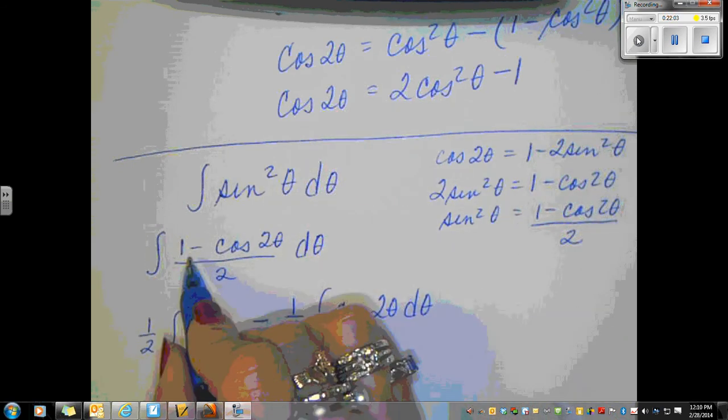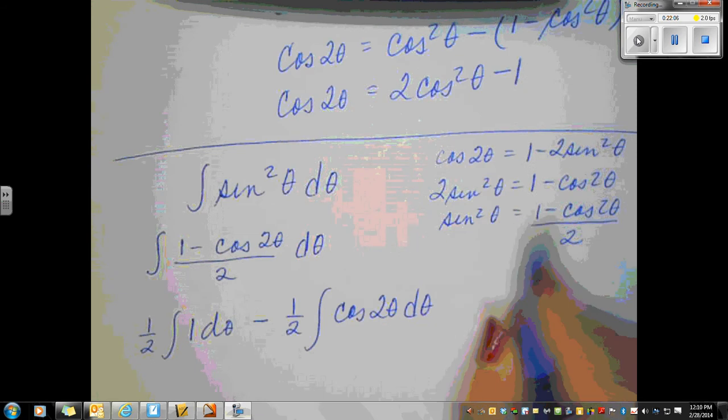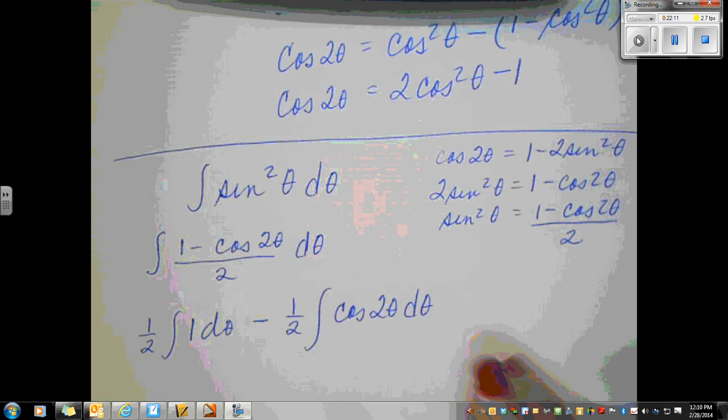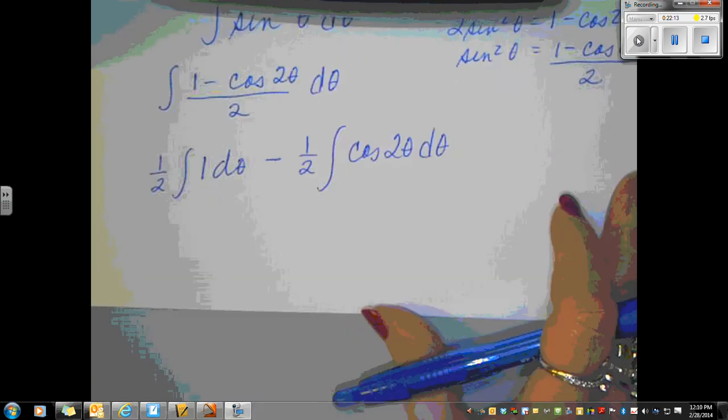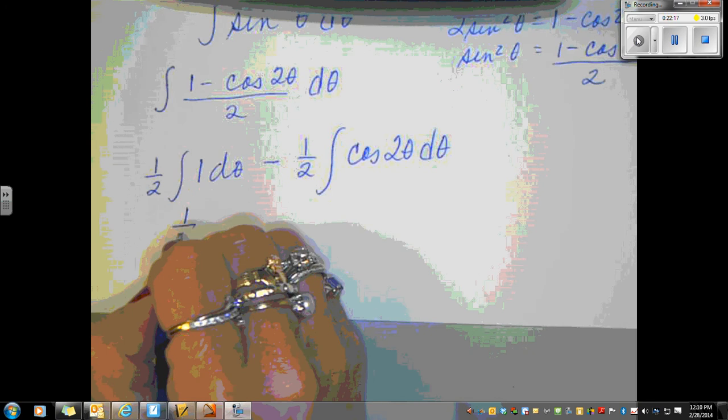So all I did was take my 1/2 out of each one of them and split it. Because the 1/2 does go with both of them, because both of them are being divided by 2. Okay, now, this right here is no big deal, because I had to say 1/2 theta.